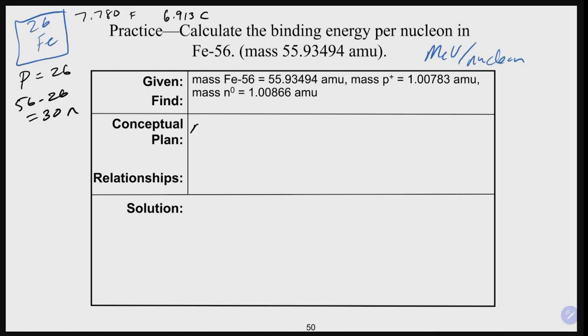So starting with our mass defect, which is sometimes abbreviated with a delta symbol, and sometimes just an M, we're going to take our 26 times, we'll use the number that's in this problem here, 1.00783 AMU, plus 30 times our neutron, 1.00866 AMU.